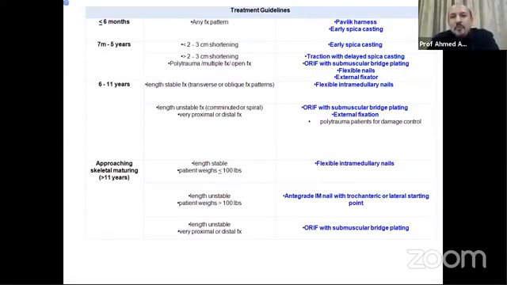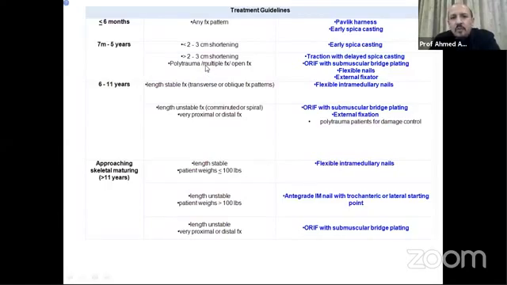Okay. To conclude the treatment guidelines, for a child less than 6 months, any fracture pattern you have, any deformity, any angulation, just do early spica or even Pavlik harness. From 7 months to 5 years, if you have shortening from 2 to 3 centimeters, you can do immediate or early spica. More than 3 centimeters shortening, initial traction till callus formation then spica casting.